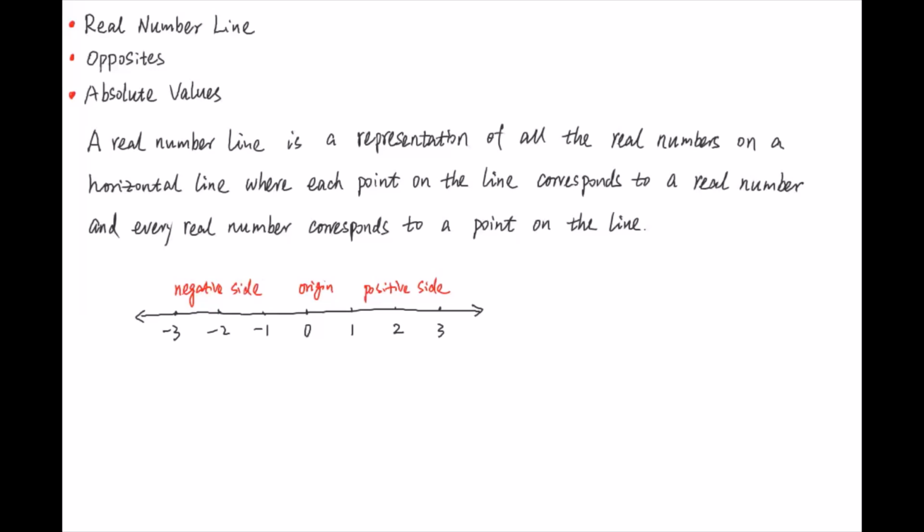For example, this point right here, the middle point between 0 and 1, actually is paired with a fraction 1/2 or a decimal 0.5. So the midpoint between -1 and 0 corresponds to the fraction -1/2 or a decimal -0.5.